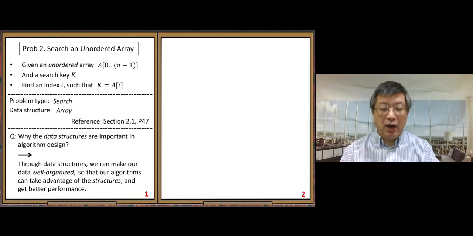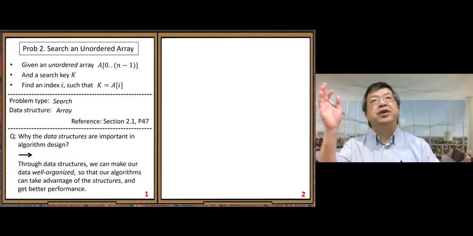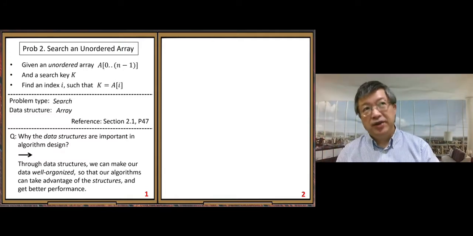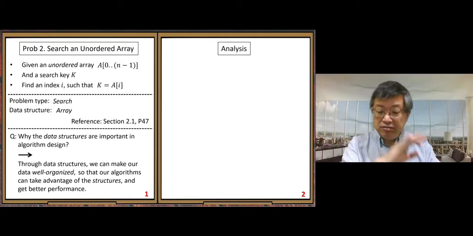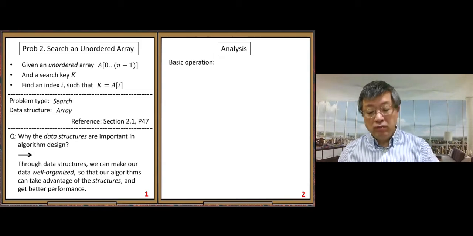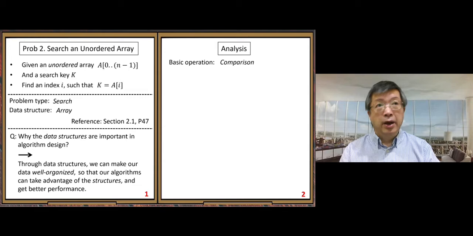Now let's look at a solution. The solution is pretty straightforward, so you can understand easily. Let me just go through the details here. First, we want to look at the basic operation we use in this problem. Comparison. Not addition, not multiplication, comparison.